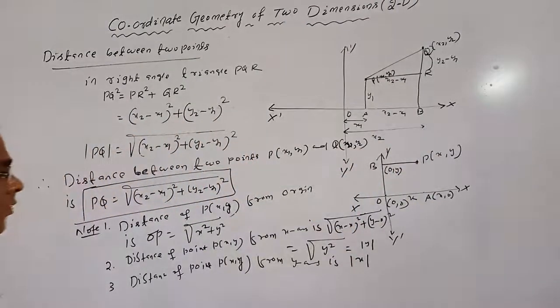Okay. So in this way you have to calculate the distance between 2 points, or the distance of the point P(x, y) from the origin, and from the x axis and the y axis. Okay. Next.